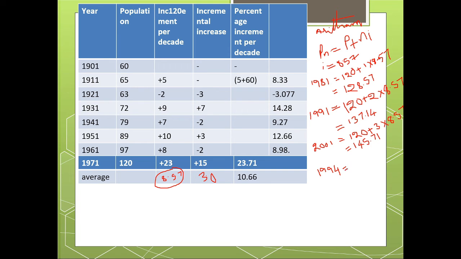That is equal to the population of 1991. 1991, how much? 137.14. Plus, what do we have to do?